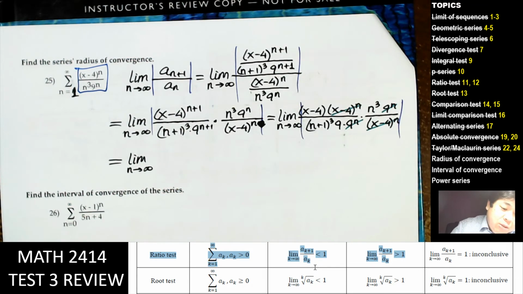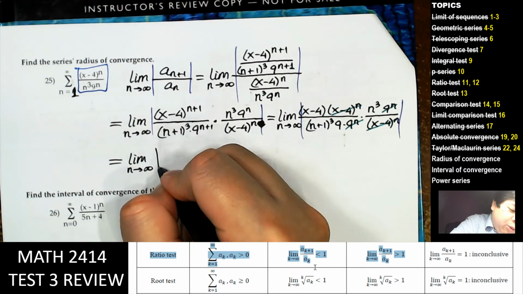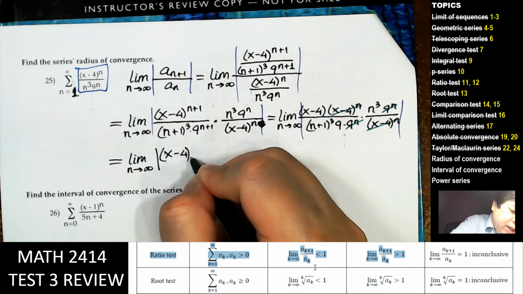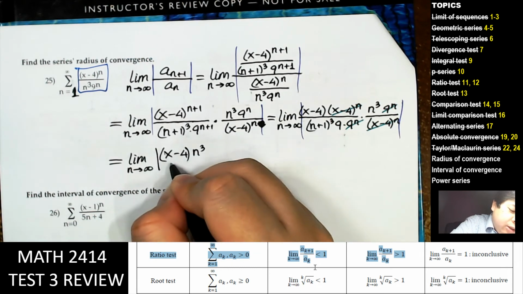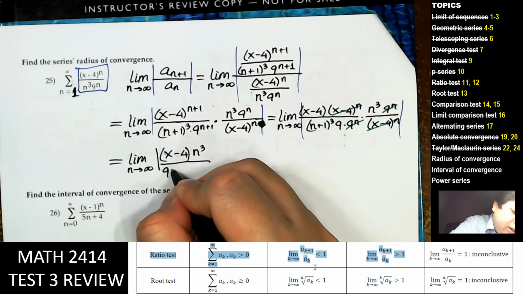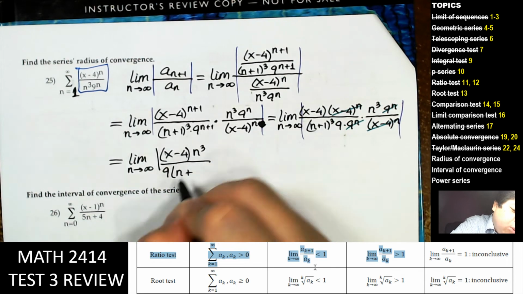Right. Now if we simplify a lot of things, we end up with x minus 4, n cubed over 9 and (n plus 1) cubed.